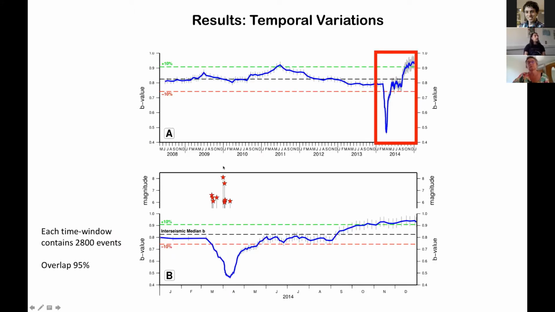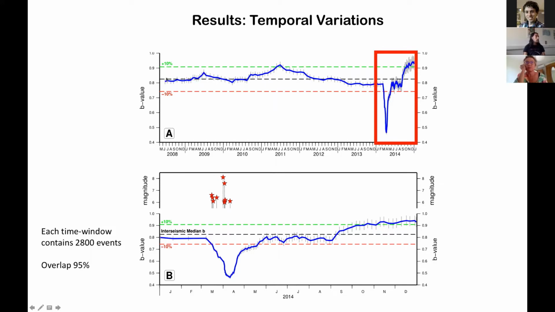So, some results. This is the temporal evolution of b-value. In the upper part we have plot A. The x-axis shows the time, starting in 2008 and finishing at the end of 2014. The y-axis indicates the b-value, which is shown here by the thick blue line.